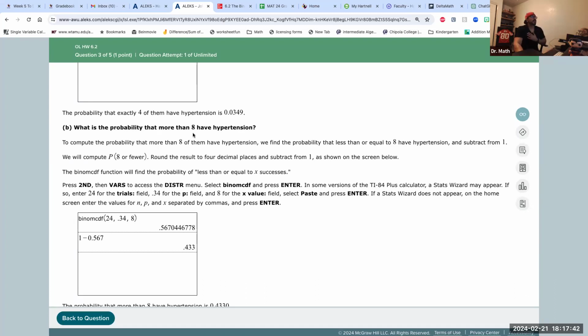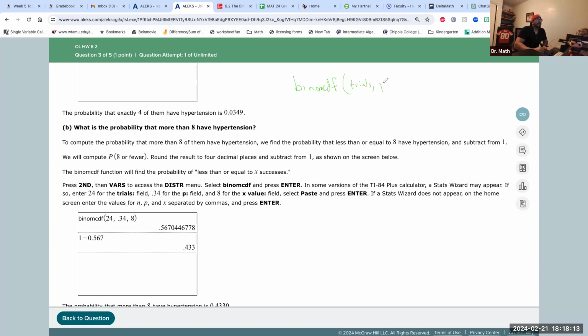So now we're doing more than one x value. So the program we're going to be using is this guy called Binomial CDF, all right? So make sure in your calculator or in your notes, you write down, we use CDF when you have more than one x value. All right, so whenever we use binom CDF, the first thing it's going to want is the trials.